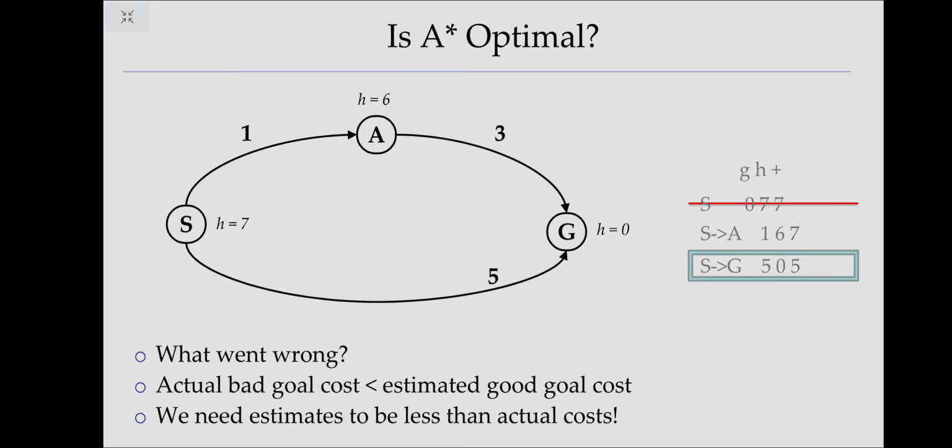We need to limit our attention to some kinds of the heuristics instead of proving the optimality of A star with respect to all kinds of the heuristics.